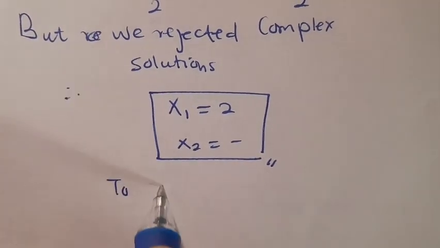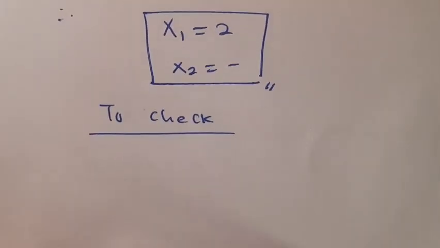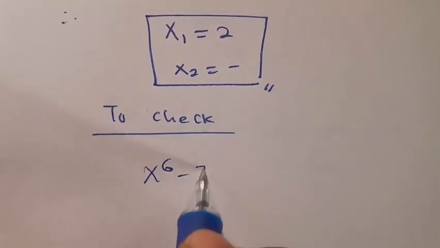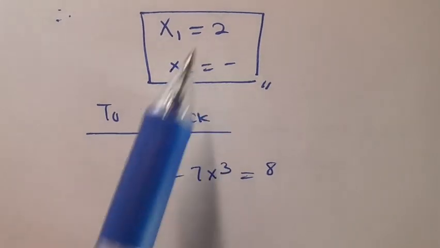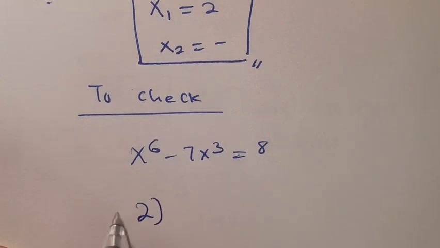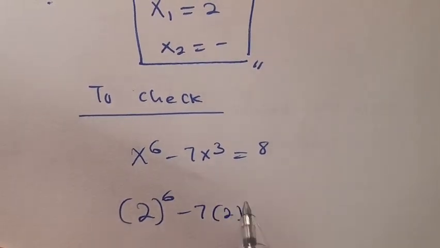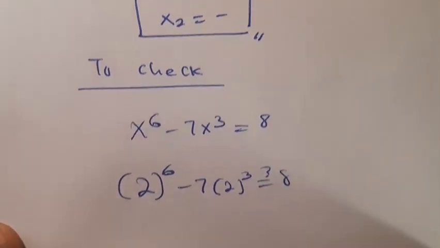So therefore guys, to check, we have x raised to the power 6 minus 7x cubed equals 8. When x equals 2, is it going to be equal to 2 raised to the power 6 minus 7 into bracket of 2 raised to the power 3, equals 8?